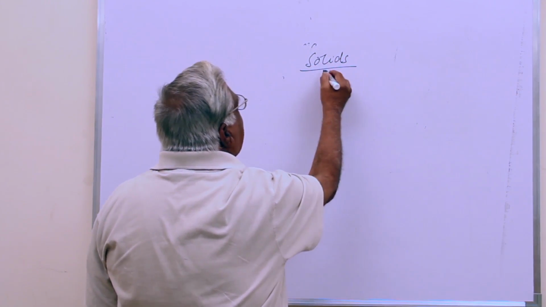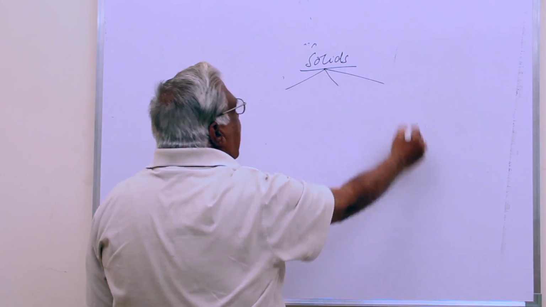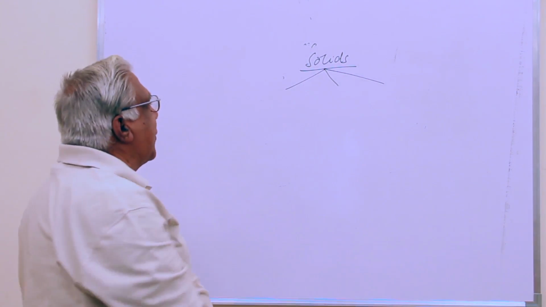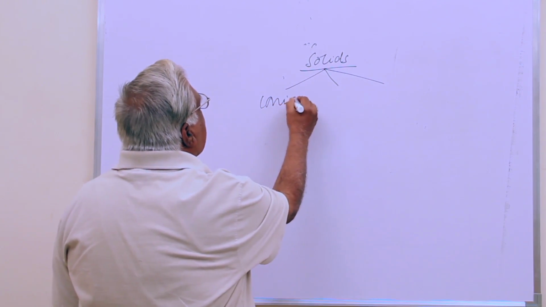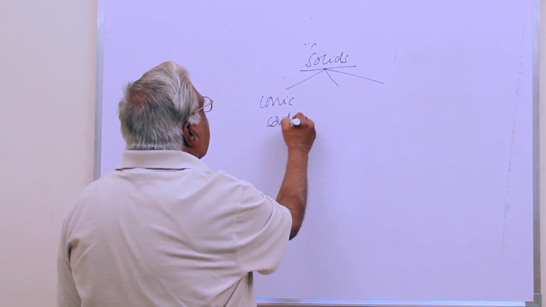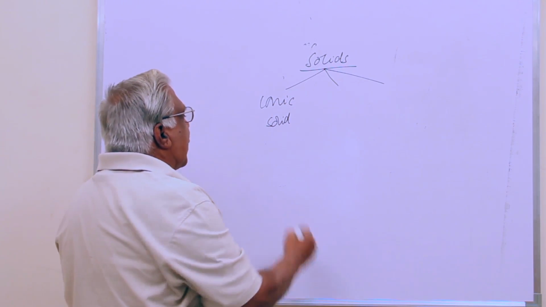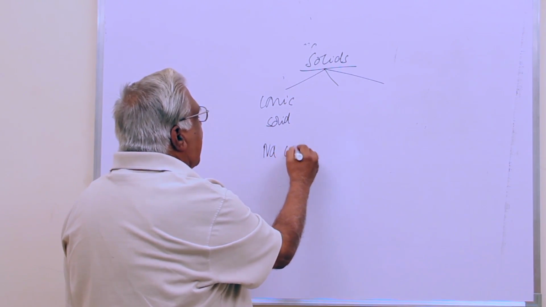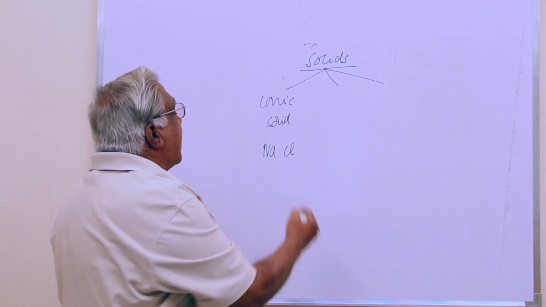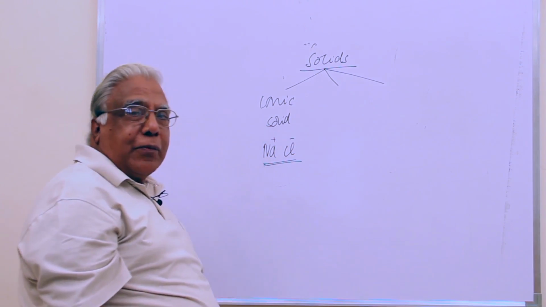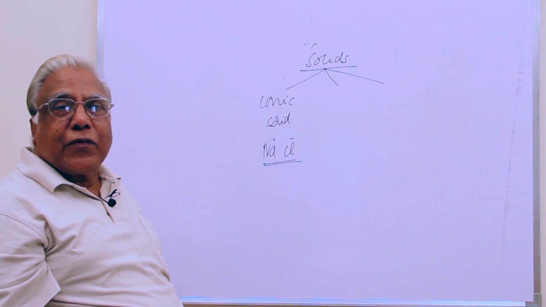Solids are further classified based on the force of attraction that exists between the constituent particles. One type of solid we are going to call an ionic solid. In ionic solids, the force of attraction is mainly electrostatic. For example, in a crystal of sodium chloride, the sodium ion and the chloride ion are held together by strong electrostatic forces of attraction.